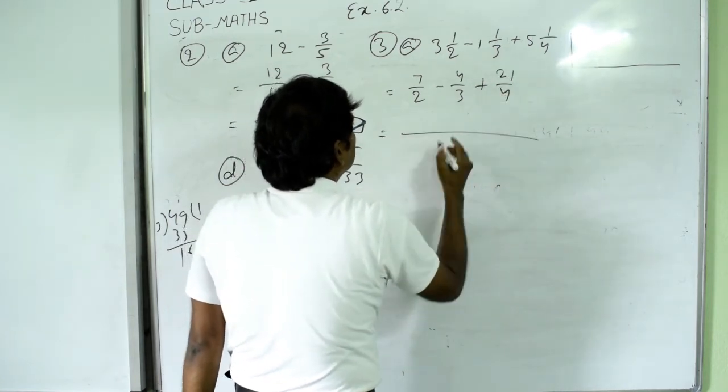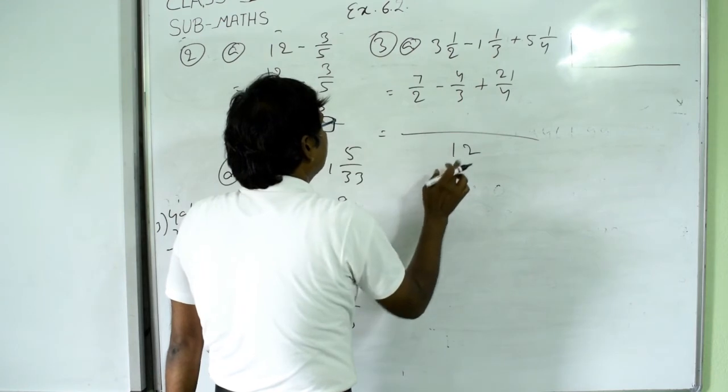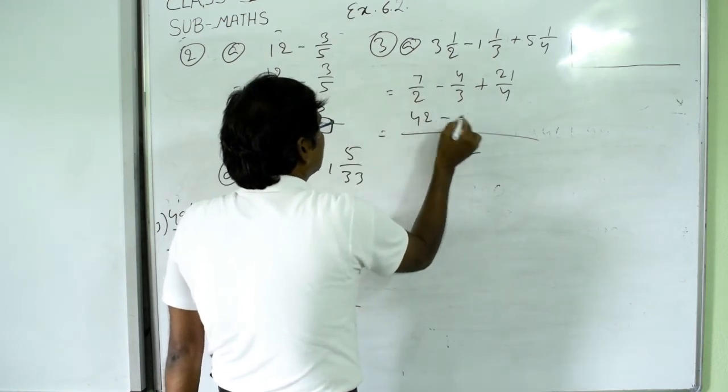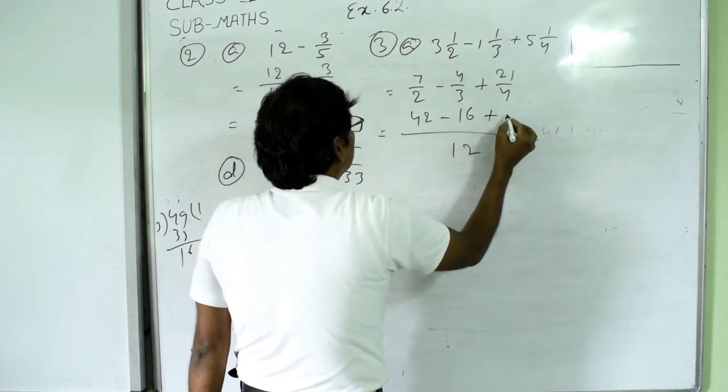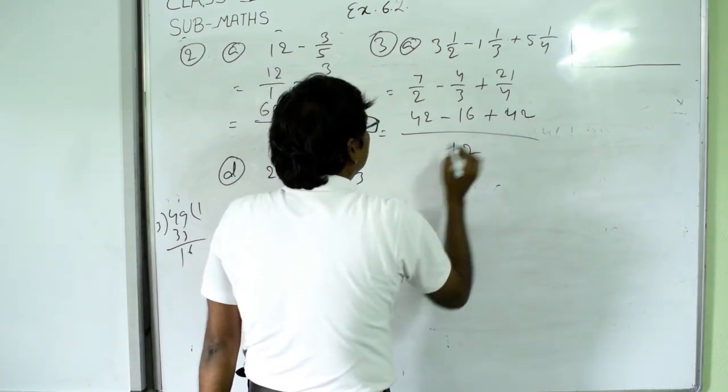Then take the LCM here, it will be 12. 2 6s are 12, 6 7s are 42, and 3 4s are 12, 4 4s are 16, plus 4 3s are 12, here 42.